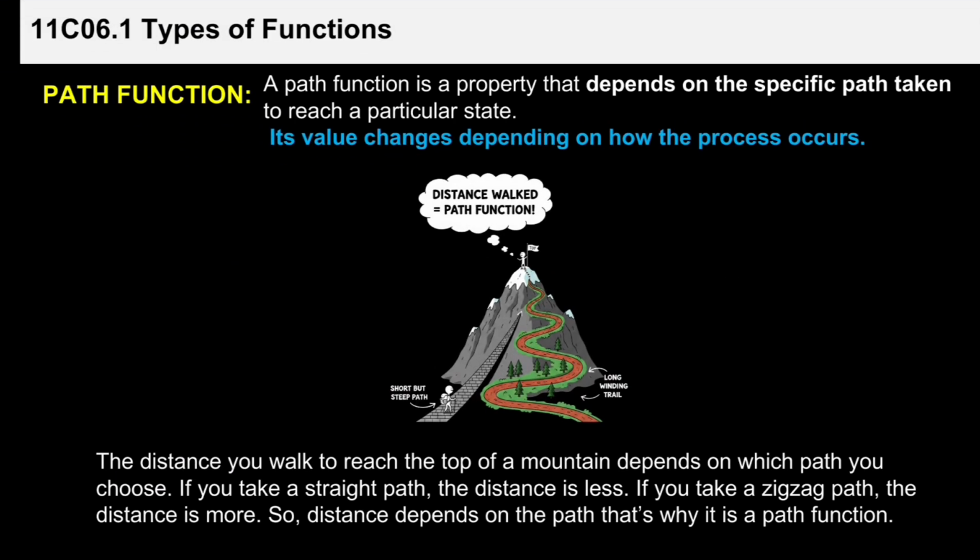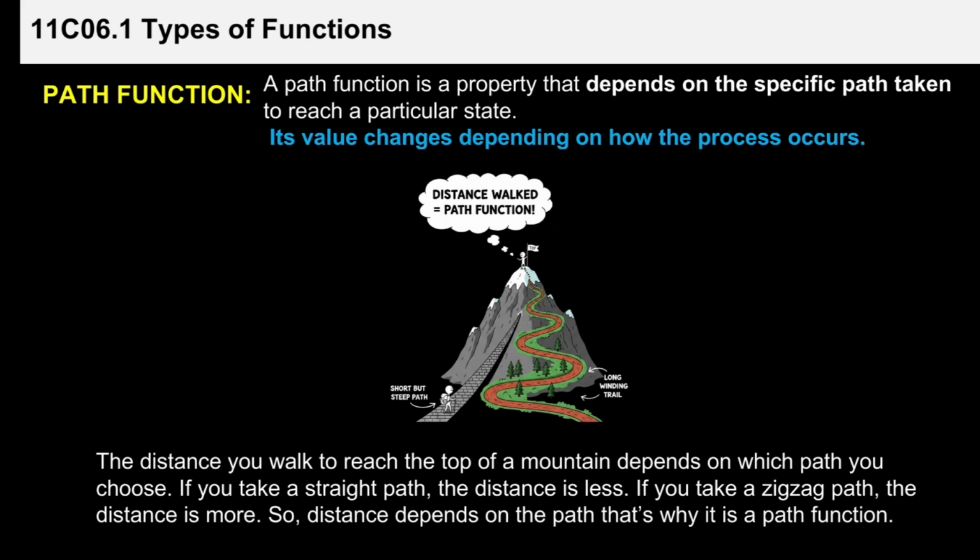Next is the second type of function, that is, path function. A path function is a property that depends on the specific path taken to reach a particular state. Its value changes depending on how the process occurs. For example, the distance you walk to reach the top of a mountain depends on which path you choose.